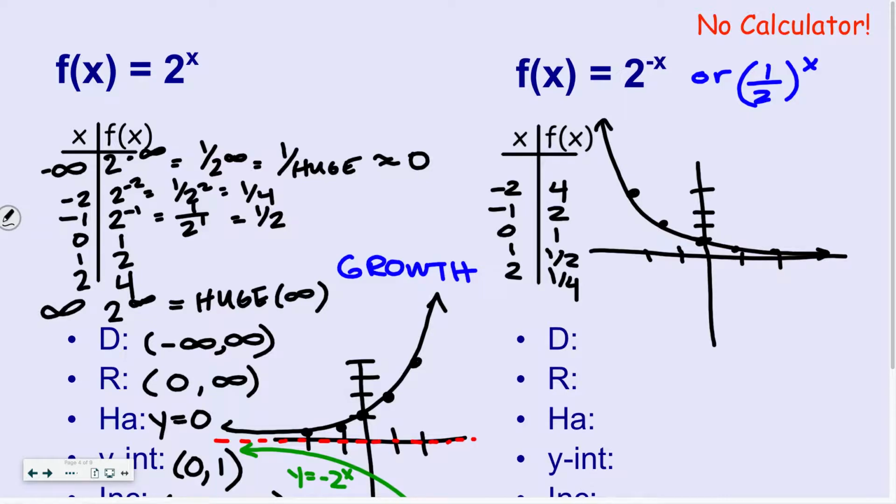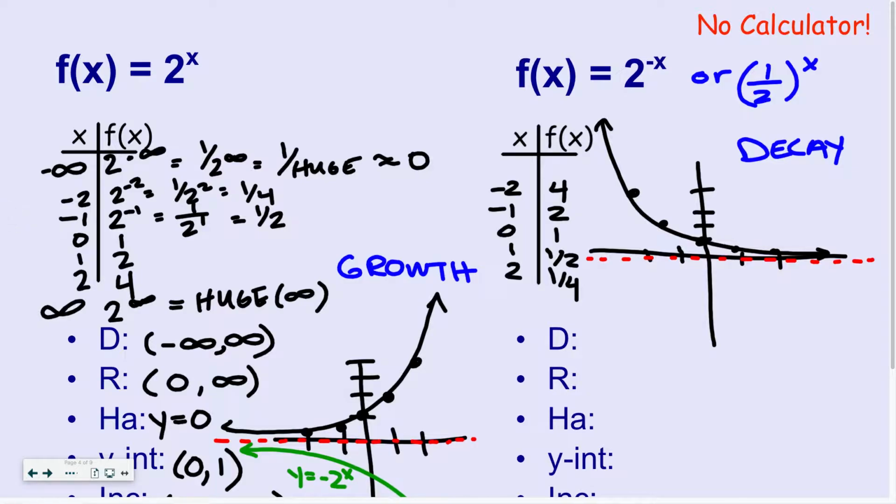So notice the changes, instead of moving away from the asymptote as I go to the right, now I'm moving towards my asymptote. I'm getting closer and closer to my asymptote. Okay, so here's my horizontal asymptote. And like I said, this is an example of decay.